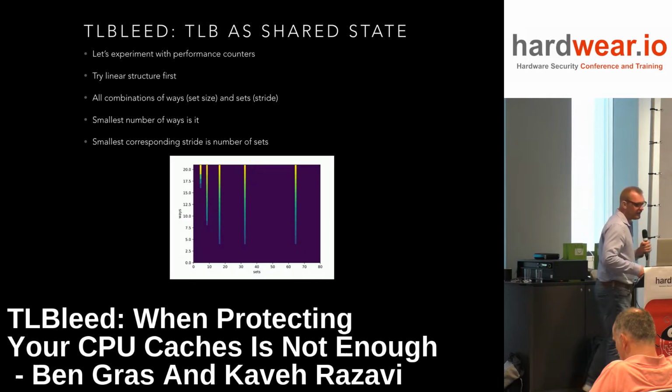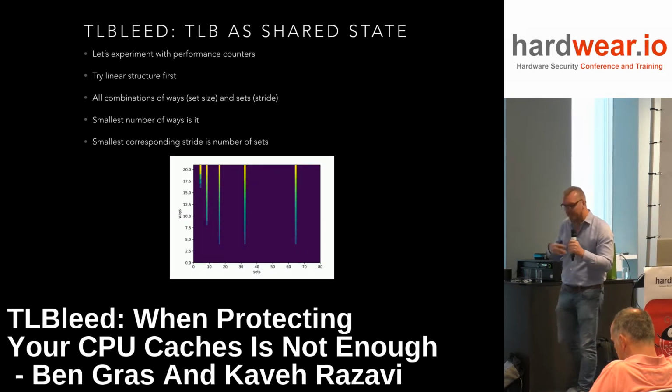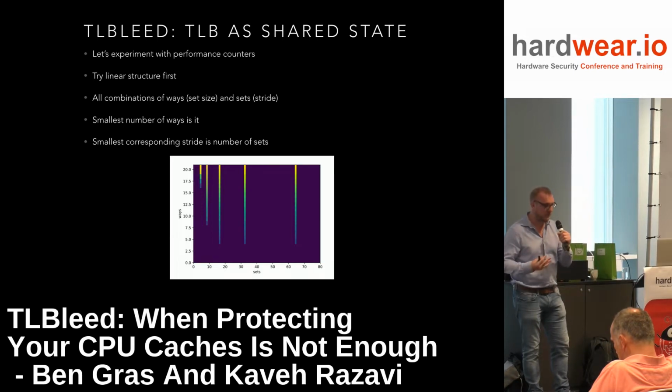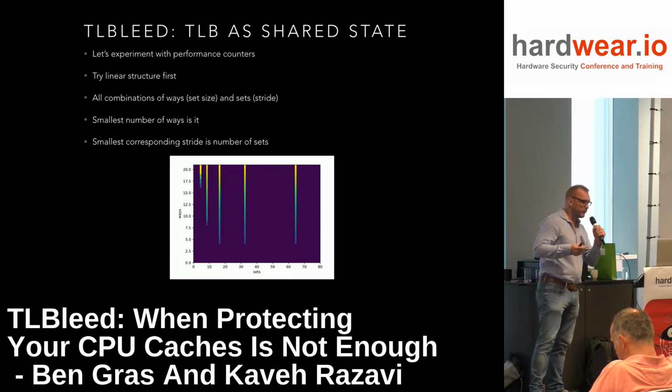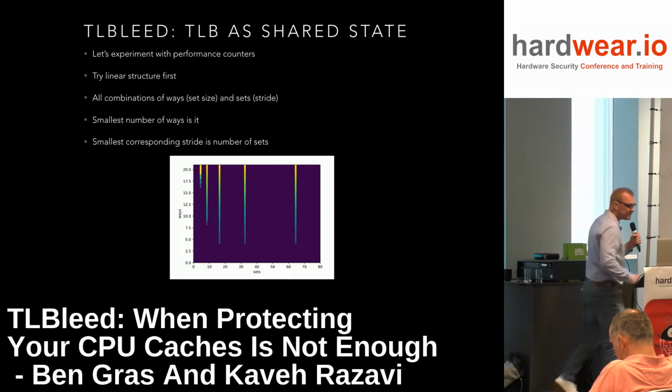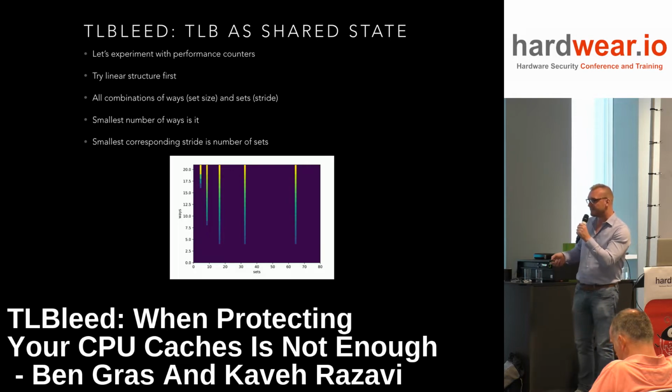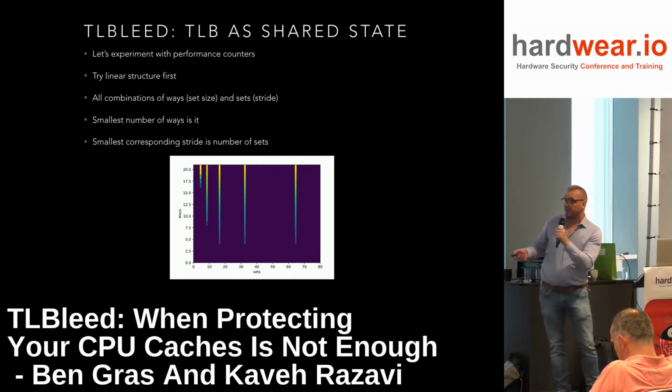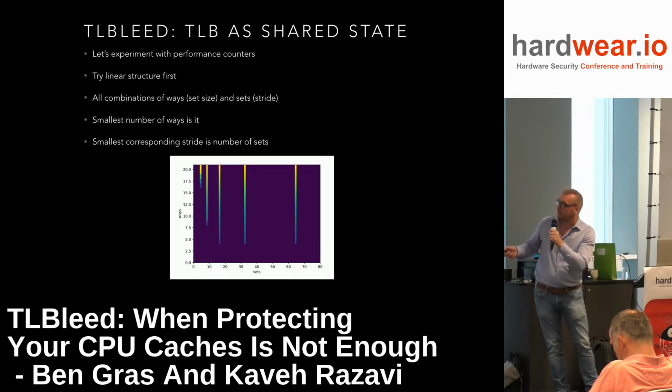So let's try to find, for the L1 DTLB, how many sets and how many ways we have under the assumption of a linear mapping. We try many possible combinations: how many sets, from 0 to 80, and what the set size is, from 0 to 20.